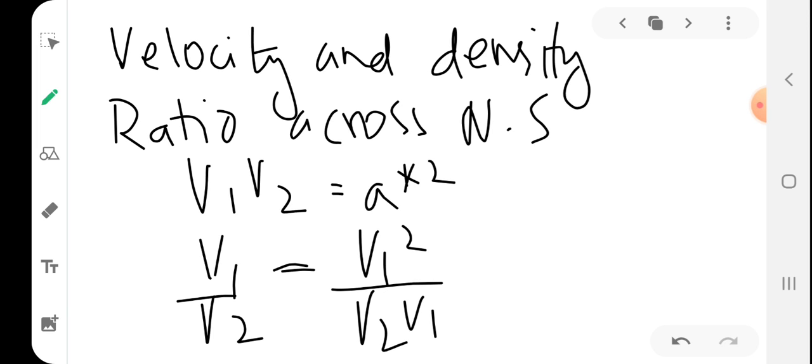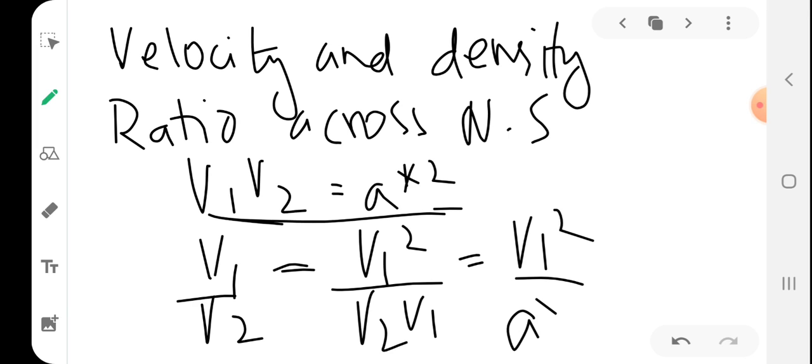I am multiplying V1 in numerator and denominator. So it is equal to V1 square by V2 V1, which is a star square. And V1 by a star is nothing but M star, M1 star, that is the reference Mach number, so M1 star square.